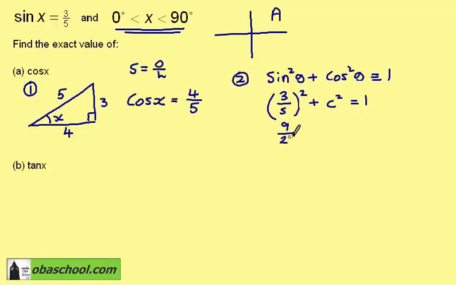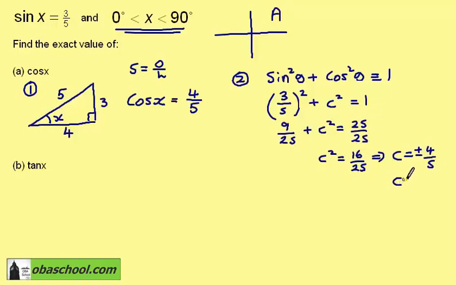This is 9/25 plus cos squared is 25/25. So cos squared x is 16/25. And square rooting gives cos x would be plus or minus 4/5. But we know because of this that the cosine is positive, so it must be the positive root. Note that we get the same value.